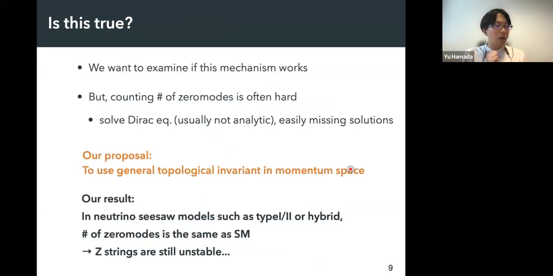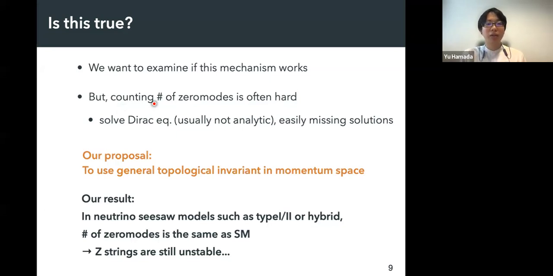But our motivation is the following. We want to examine if this mechanism works. We want to check. But actually, this is usually pretty hard, because in order to do that, we have to count the number of zero modes very carefully.